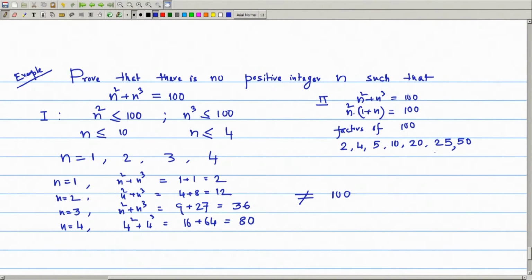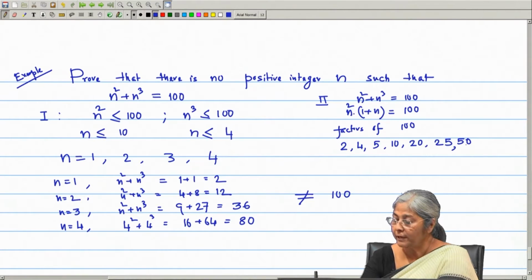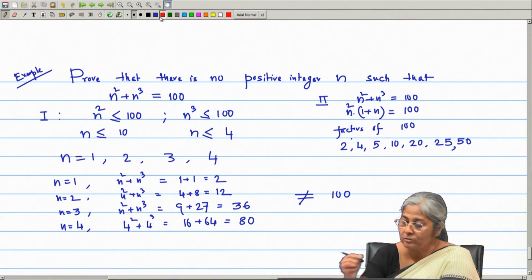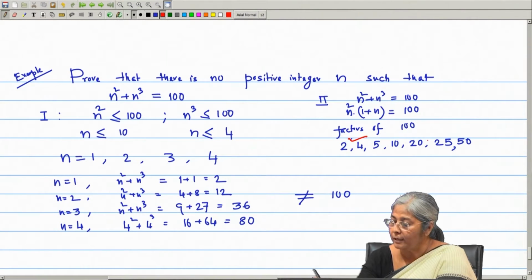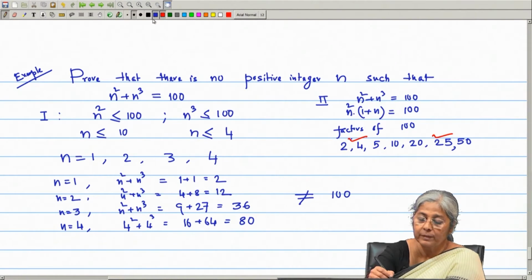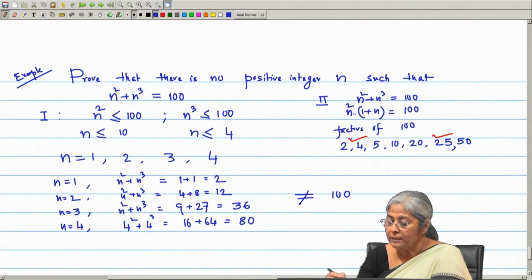Now, n square is a perfect square, and in the factors of 100 there are only two perfect squares, 4 and 25. So, if n square is 4, then n is 2, so 1 plus n is 3.